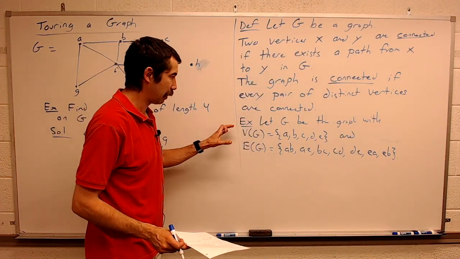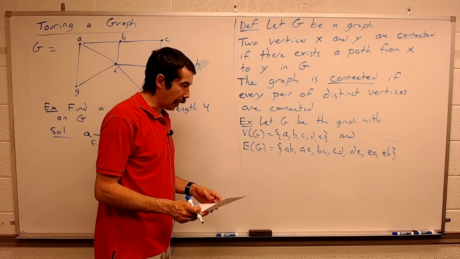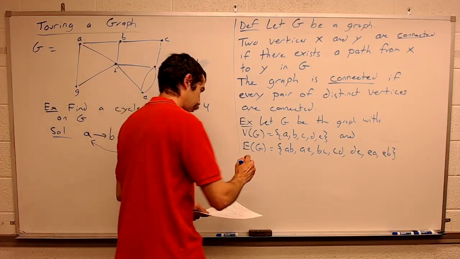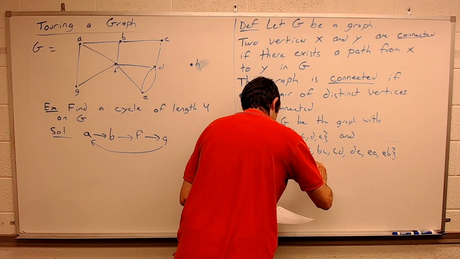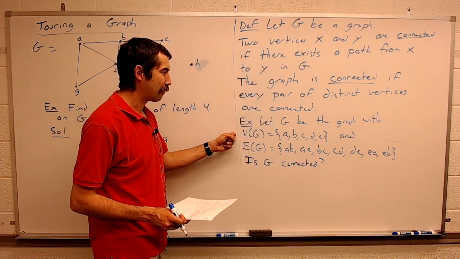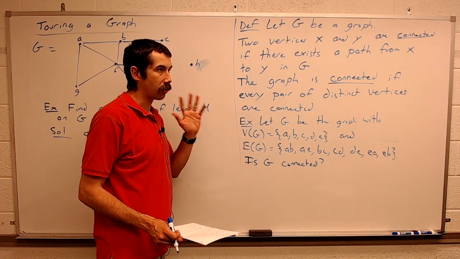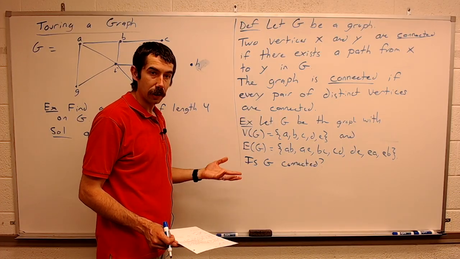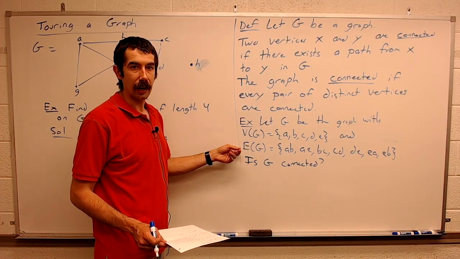All right, so here we have the vertex set and edge set notation for our graph. We don't have our drawing yet. And what I want us to answer is, is our graph connected? All right, and it's not immediately obvious from our vertex set and our edge set if our graph is connected. So think for a second, how can you check if this graph is connected? All right, and so what I would do is I would draw the graph. All right, let's draw this graph, and we'll see, is it connected?